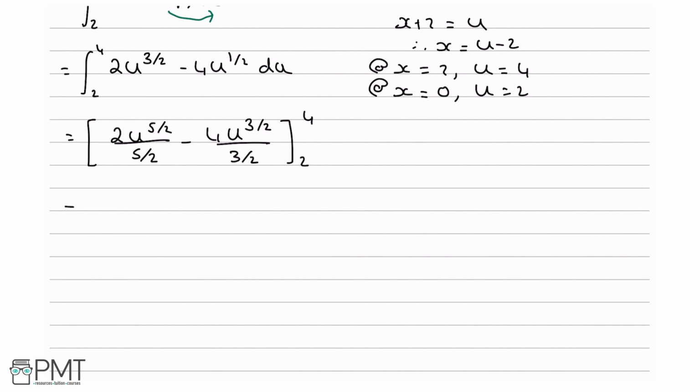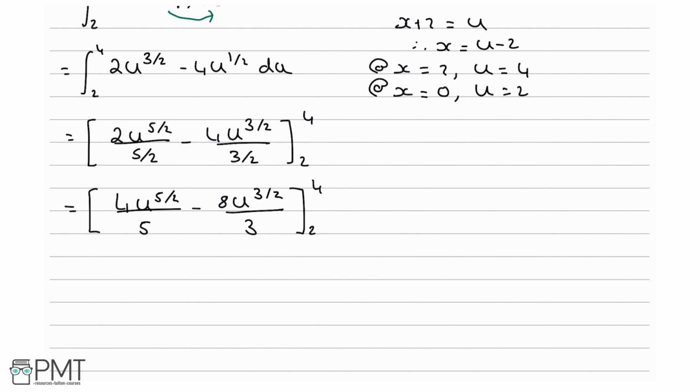Simplifying this and rearranging the fractions, 2u to the 5 over 2 divided by 5 over 2 is the same as 2u to the 5 over 2 times 2 over 5. So we end up with 4u to the 5 over 2 divided by 5, minus 8u to the 3 over 2 divided by 3, from 2 to 4.